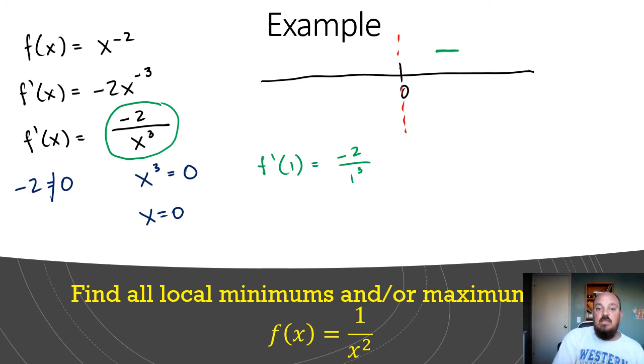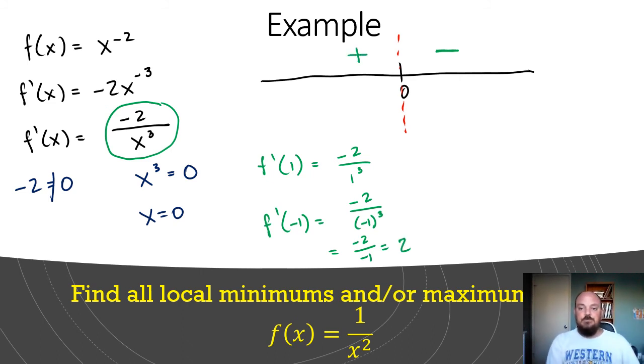Now if I plug in a negative number, I get -2 over -1 cubed, and that would be -2 over -1. That's a +2. So I'm getting positive over here. So what we have is a function that is increasing and then decreasing. Now what it looks like to me is I have a local maximum at 0.